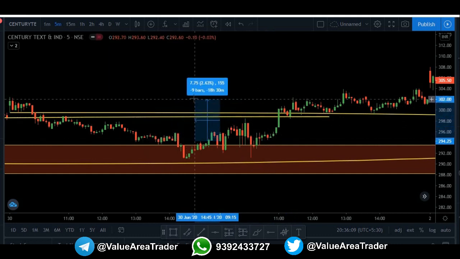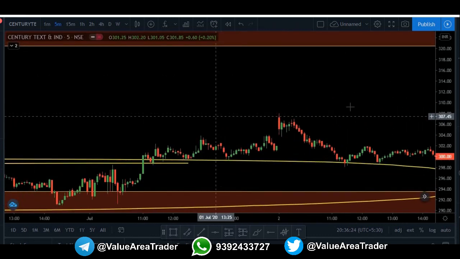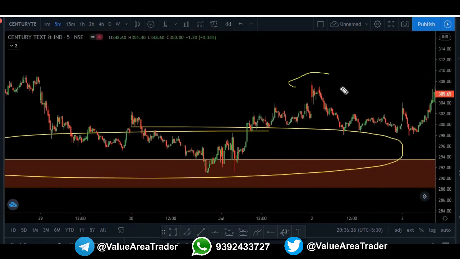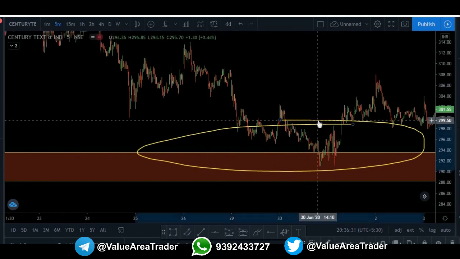So total 3 hours of consolidation and position building, right? And position building before the buyers finally took out, and then you know that there would be a demand in the price. So you will look to only buy until you reach somewhere in the POC area, as per the value area trading that I have taught you before.